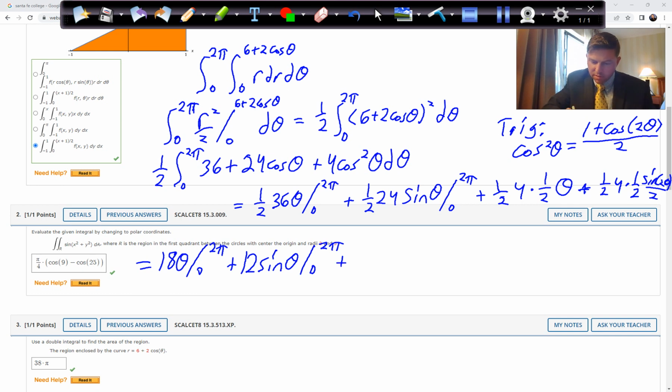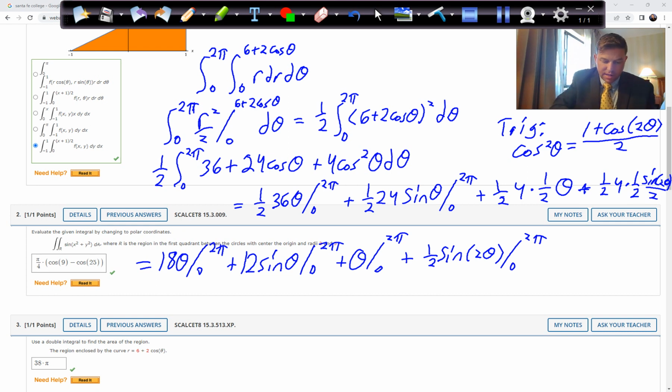This is going to be plus 2 times 1/2, which is 1/2 of 4 is 2, times 1/2 is 1, so you just get theta from 0 to 2 pi. Then we get, same idea, 1/2 of 4 is 2, 1/2 of 2 is 1, 1/2 of 1 is 1/2 sine of 2 theta from 0 to 2 pi.